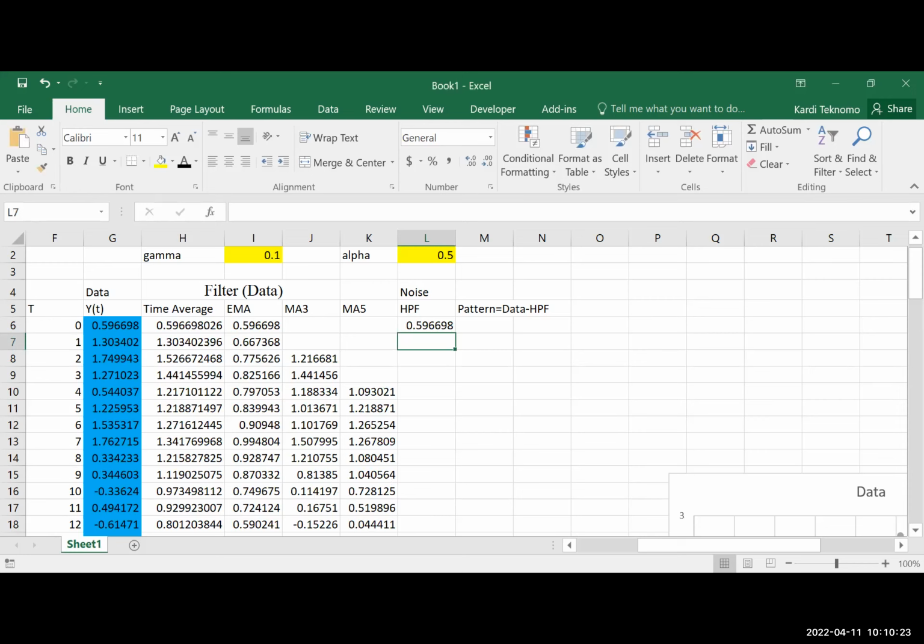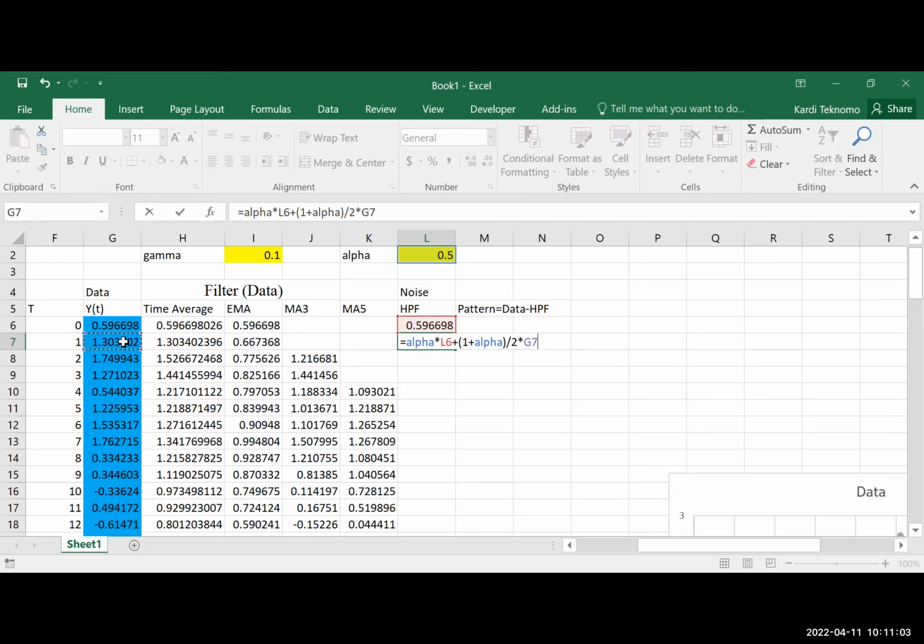Then it equals this alpha multiplied by the previous value, right? And then plus, what is the formula? (1 plus alpha) divided by 2, multiplied by the current data, right?